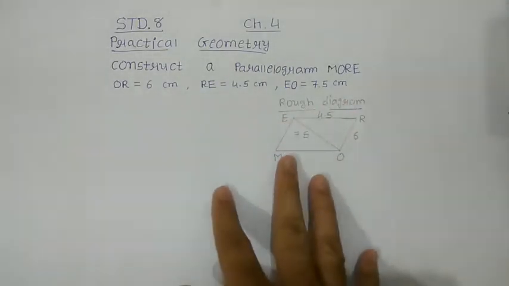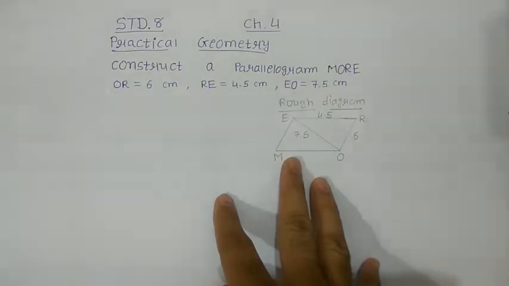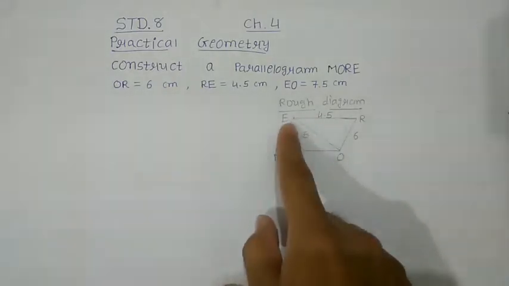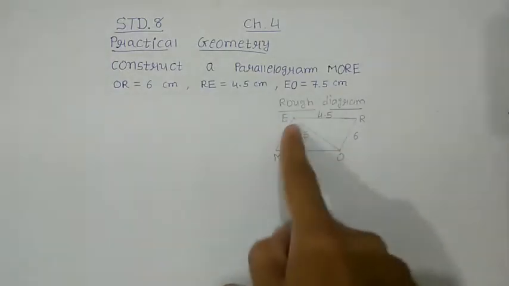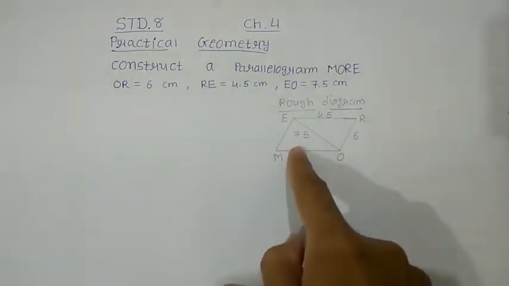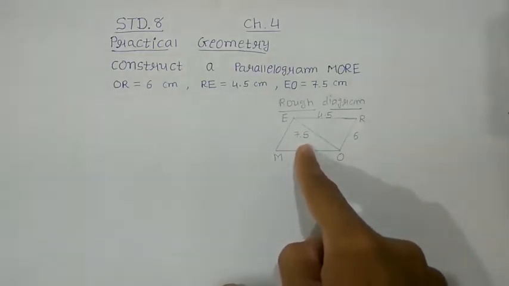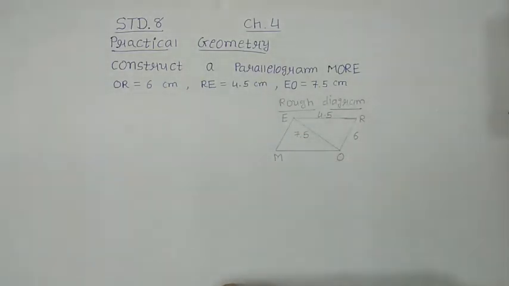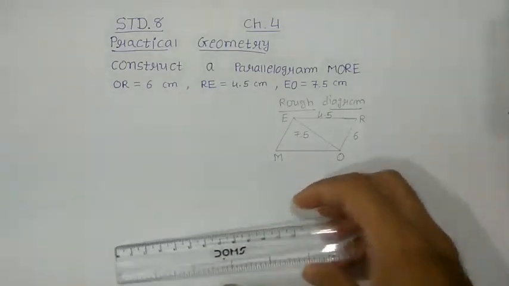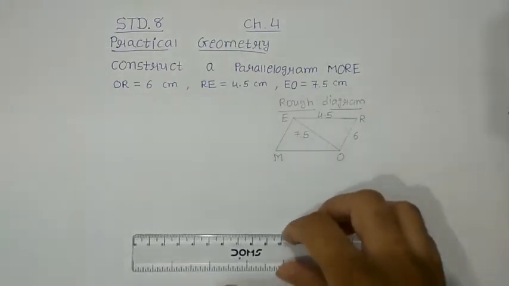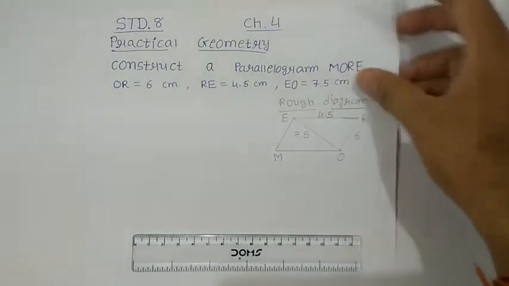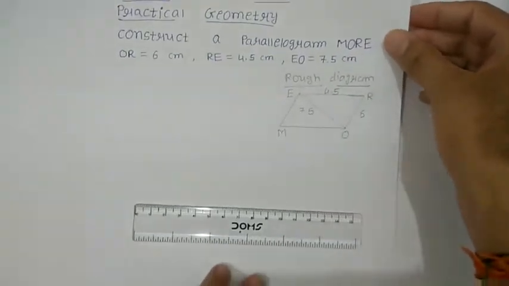So today in this class we will construct this parallelogram using this diagonal. First of all we will draw this diagonal. The dimension of this diagonal is 7.5 centimeter, so first of all take the exact value of 7.5 centimeter.